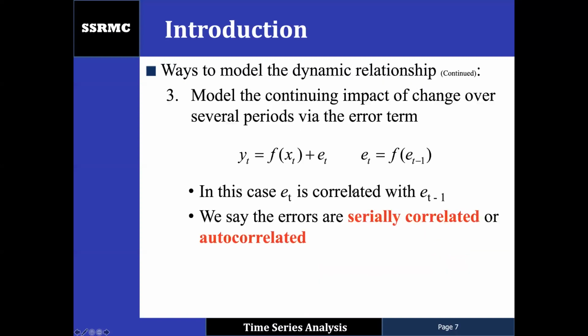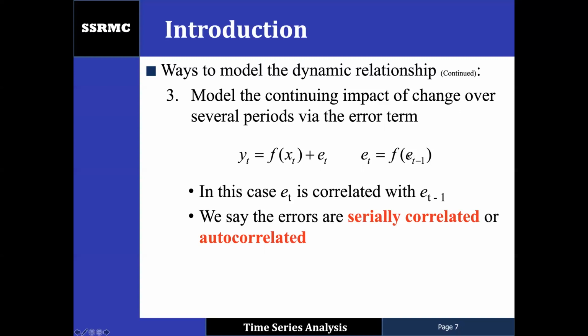There is a third way to capture this dynamic relationship, which is to leave x and y's lag terms alone, but use the lag term of the residual. Bear in mind that the residual is a function of y and x. Residual is the difference between your observed value and estimated value, which means it's y minus a linear combination of x, but in the previous periods, so t minus 1, t minus 2.